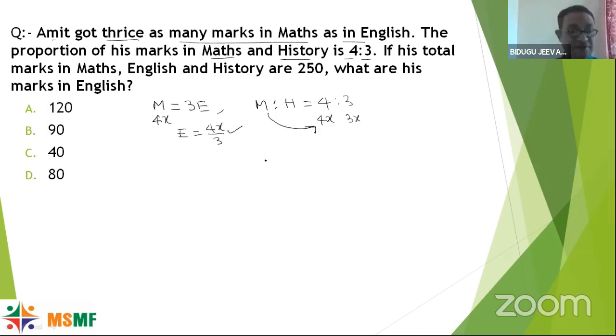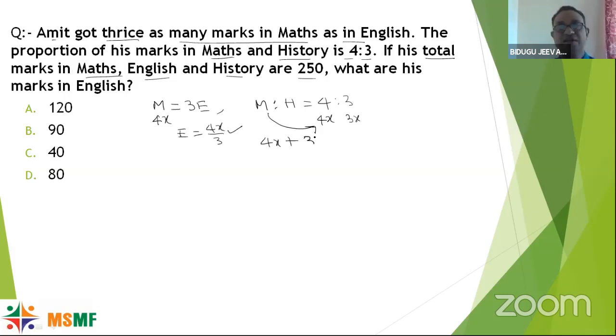Yes, wonderful. Sheikh Naveed, you got it. Let's wait for some time. Great. If the total marks in maths, English, history is 250, total in the sense addition. So maths plus history plus English, 4x plus 3x plus 4x by 3, is equal to 250.